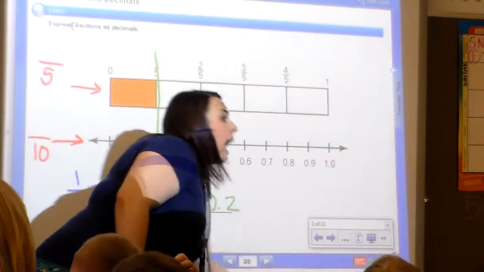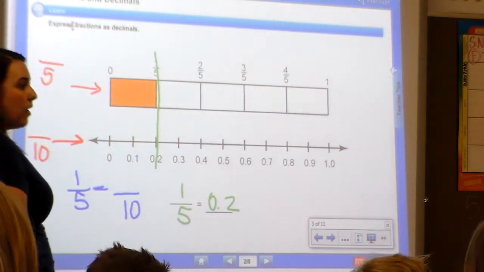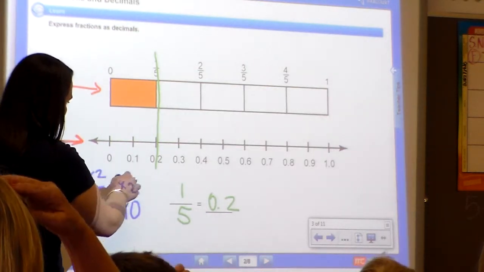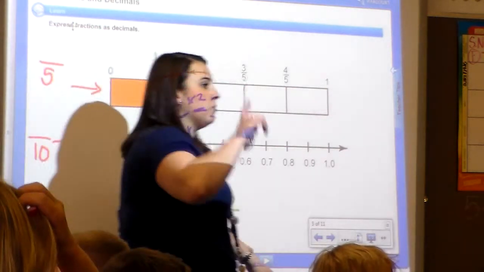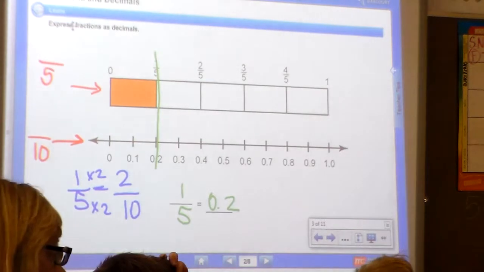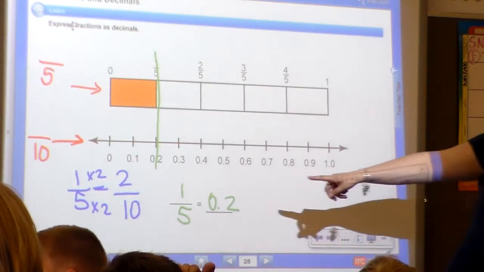You know how to find an equivalent fraction. So I end up with what? Brock? 2 tenths. I multiply by 2, and I end up with 2 tenths. Say it again, Brock. What do I end up with? 2 tenths.